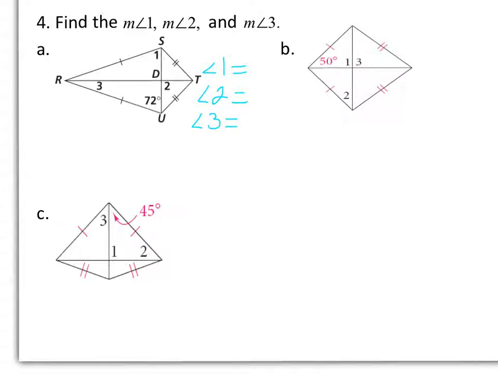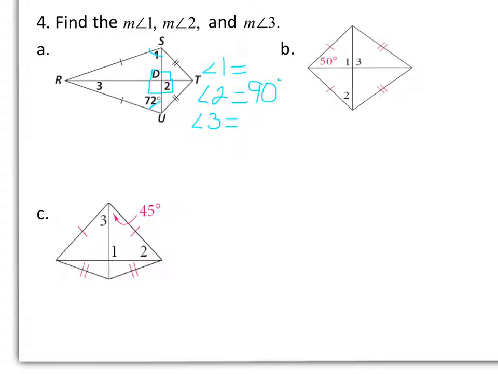Alright, so I have a kite. I know my diagonals are perpendicular. So I have 90-degree angles in the center. So angle 2 is 90 degrees. Now our third theorem said diagonal makes the angles congruent at the ends of the kite. So I know these angles are congruent.